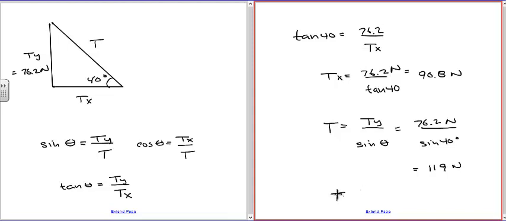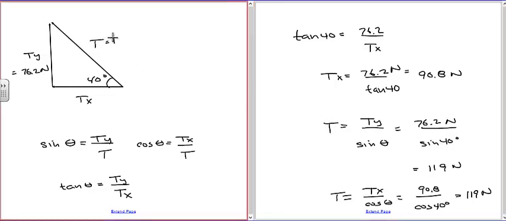You could also do it the other way. You could take t sub x divided by the cosine of theta. So that would be 90.8 divided by the cosine of 40 degrees. We should get the same answer. You get 119 newtons. Okay, so whichever one you want to use. So now we know T. It's 119 newtons. We know T sub x is 90.8 newtons.